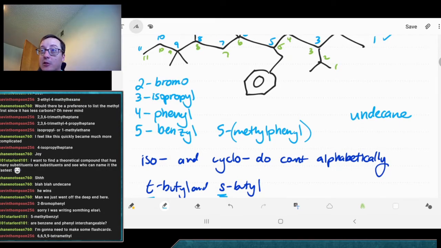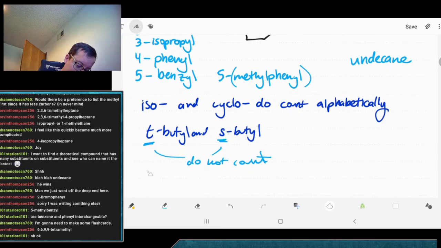All right, so we could do that, but benzyl is a little bit easier for us. We understand benzyl means there's one carbon in between the benzene and the main ring, so it's kind of one carbon offset. If we wanted, we could say 5 parentheses methylphenyl, but it's a little easier to say benzyl. So we'll do that. I'm going to move down.